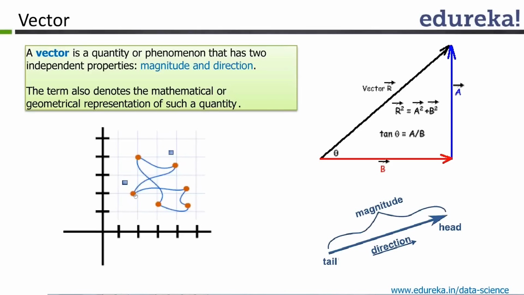If I talk about this particular point, you can draw a vector connecting my origin to this point. That vector will have some dimension, a magnitude and a direction. Magnitude is defined by the length of the vector, and direction is defined by the angle of the vector from the x-axis or the y-axis.